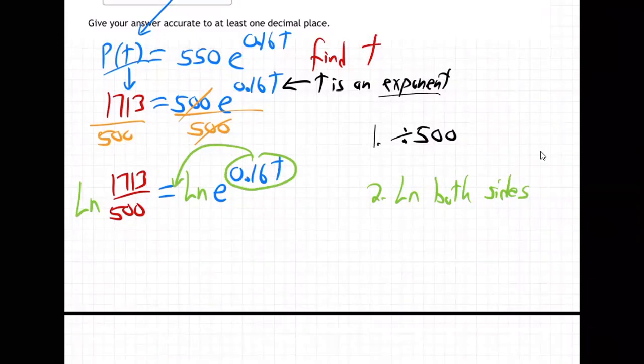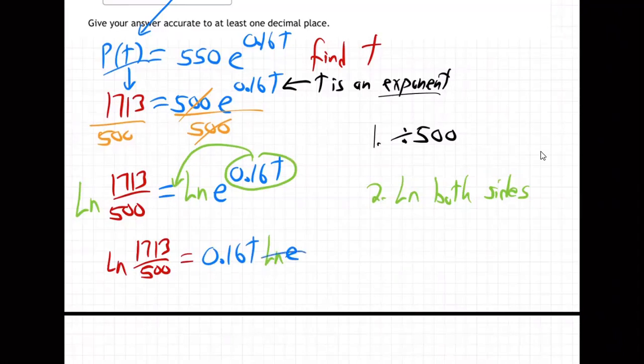So then what do we have from there? We have the ln of 1713 over 500 is, and then it'll be 0.16 t ln of e. And then ln of e, that's just 1.